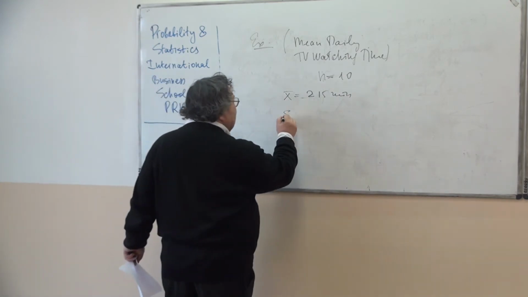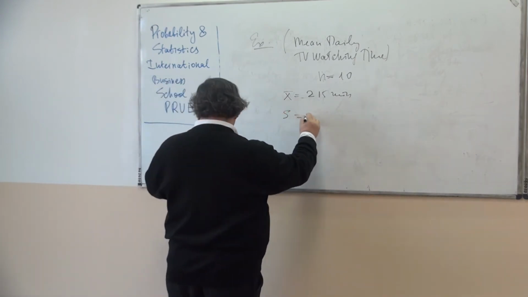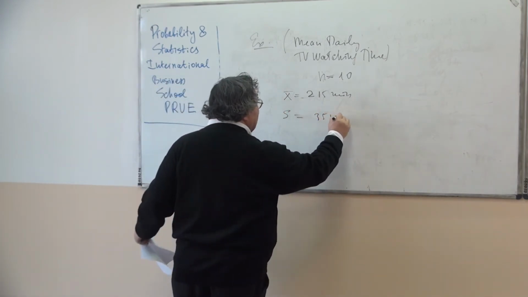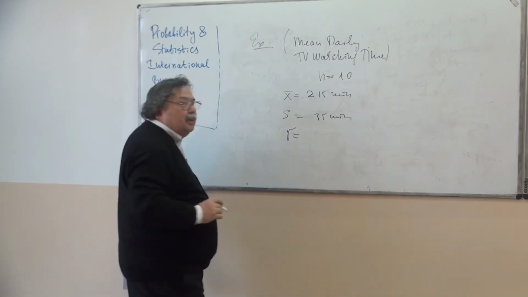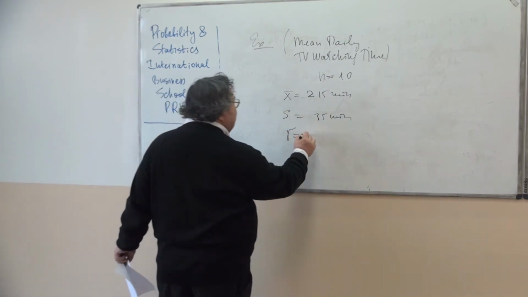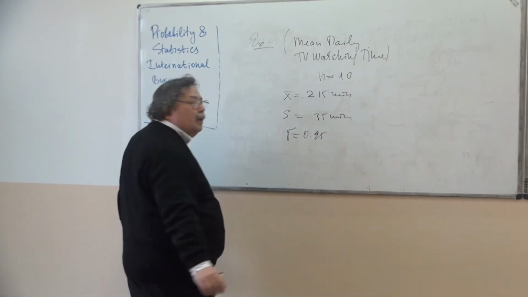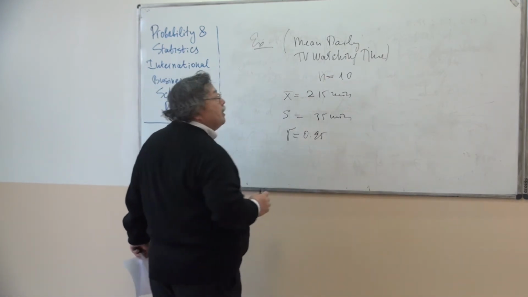And the standard deviation s, as computed by the formula that we discussed here, happens to be 35 minutes. Now the question here is to construct a confidence interval, accepting this confidence level.